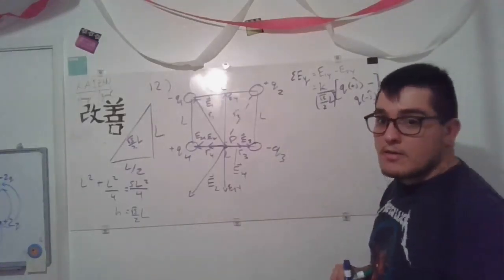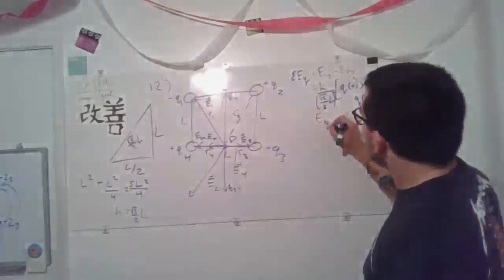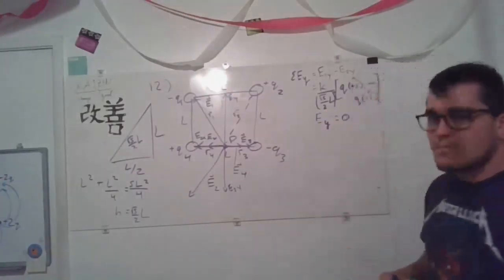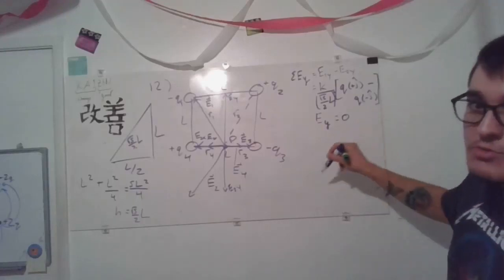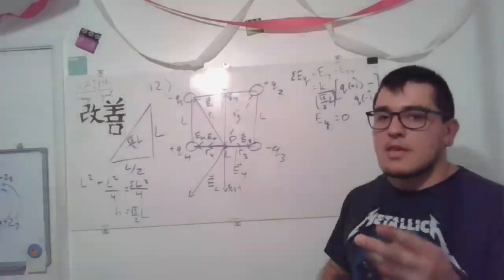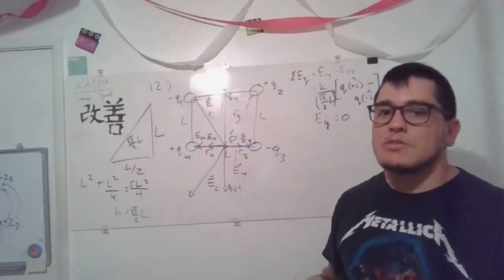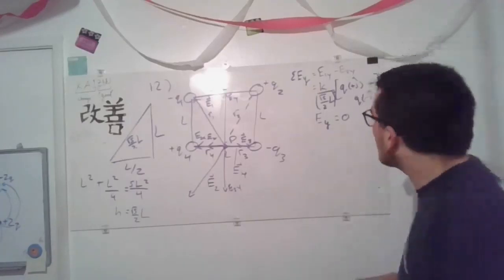So is EY 0? Mainly because we have the same magnitude of charge with the same distance in opposite vector directions. So we're going to have EY 0. I hope everybody got that.